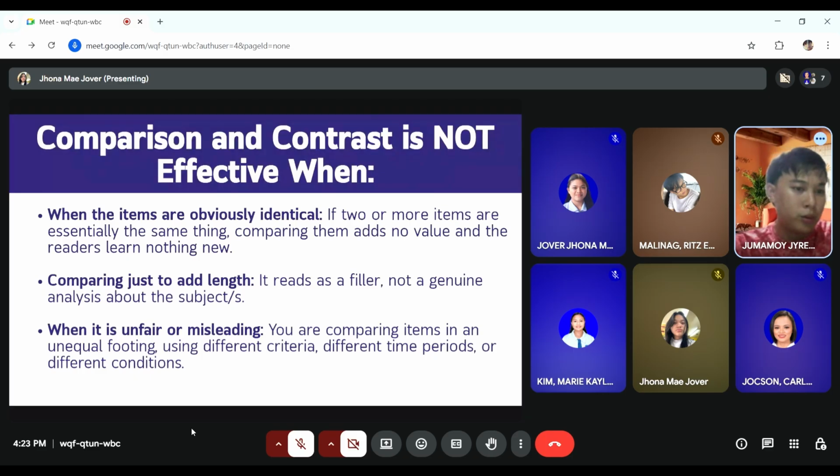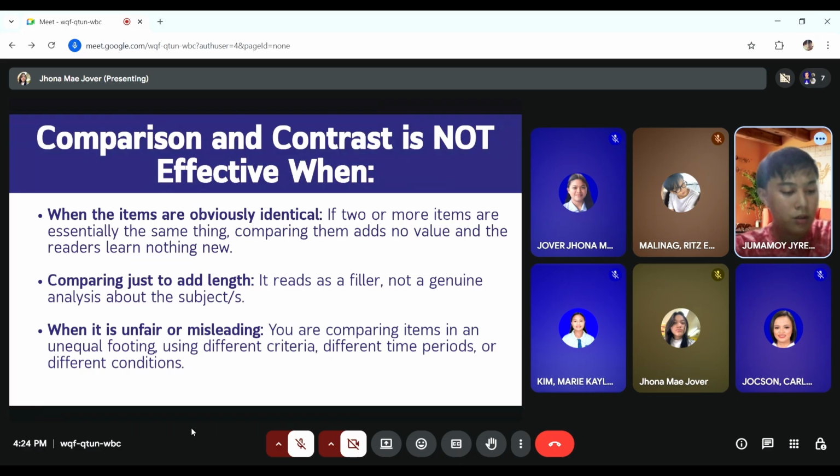And number two, comparing just to add length. It reads as filler, not a genuine analysis of the subject. So, for example, when the professor gives an assignment, a student essay on the Great Vowel Shift includes a lengthy comparison between English vowel changes and German vowel changes, even though the assignment is specifically about English and the student has not studied German historical phonology in depth.